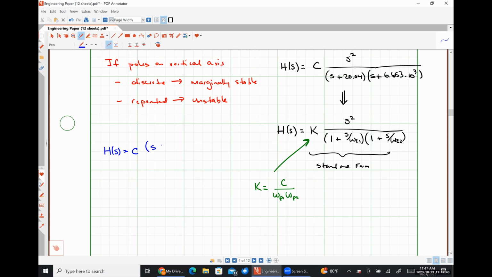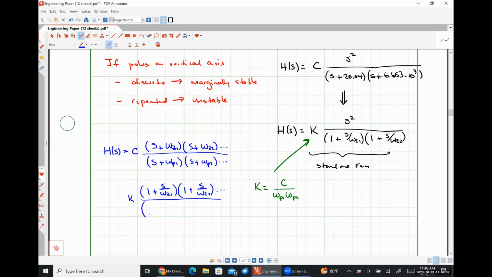But generally speaking, we would have S plus omega Z1 times S plus omega Z2, etc., divided by S plus omega P1 times S plus omega P2, etc. And the form that we would be looking for would be 1 plus S over omega Z1 times 1 plus S over omega Z2, all divided by 1 plus S over omega P1, 1 plus S over omega P2.